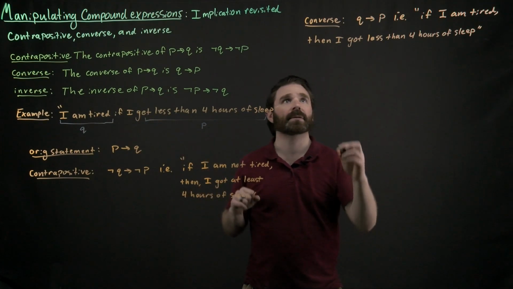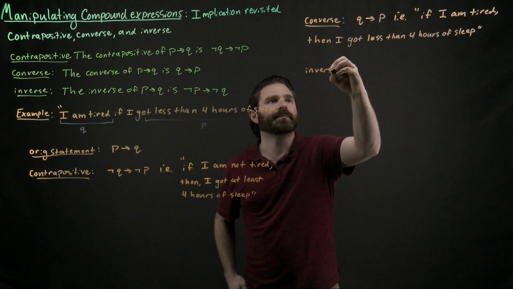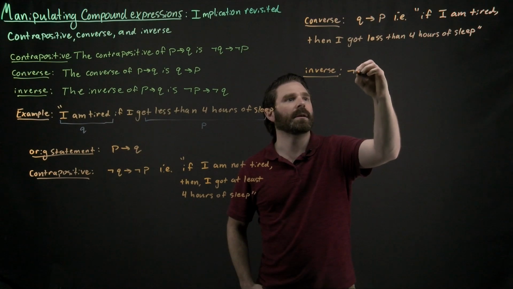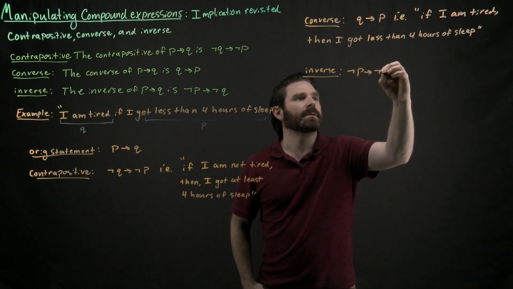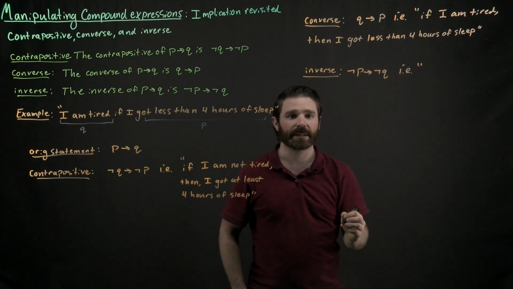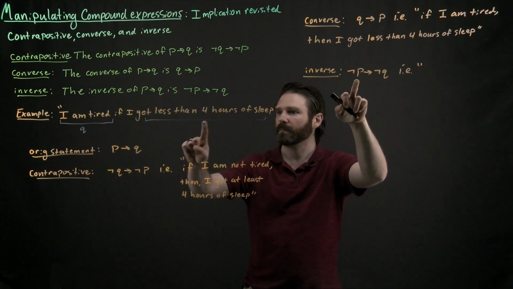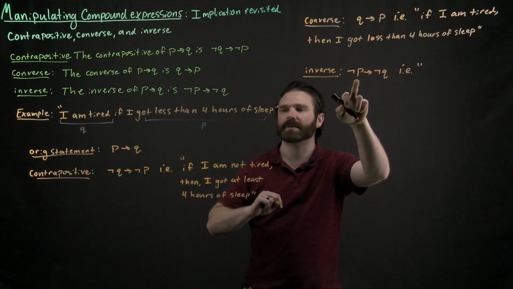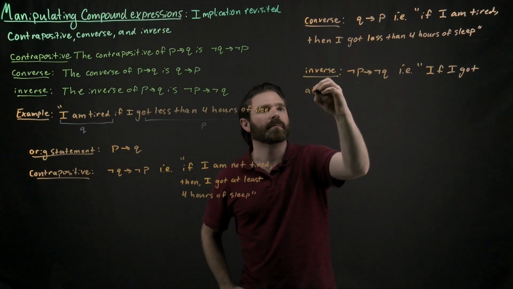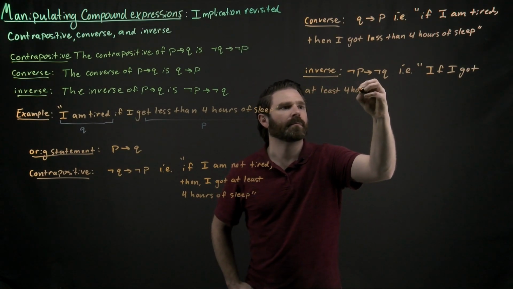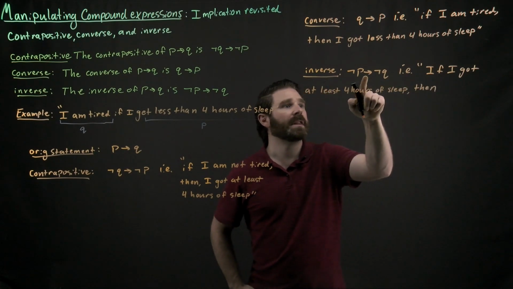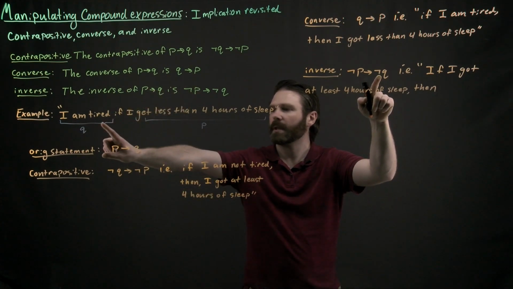And lastly, let's consider the inverse. Here I'm just going to stick in my nots. How would this read as an English sentence? Not P: if I got at least 4 hours of sleep, then not Q: I am not tired.